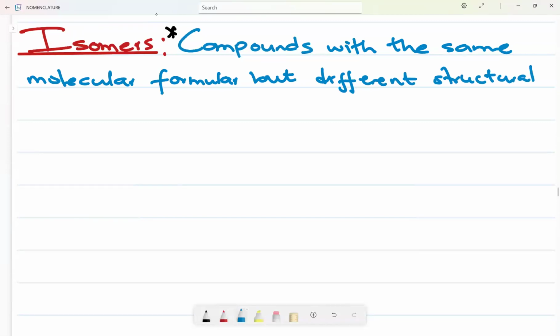This is a must-know definition. Now this definition will sink well.